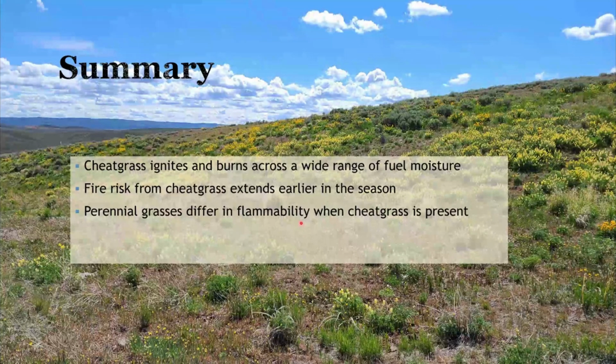So, when we get to about 10 grams of cheatgrass, it's hard to equate that exactly to foliar cover, but in our circumstance, that was about anywhere from 10 to 15% foliar cover on the ground. So not a whole lot of cheatgrass was required in order to ignite those perennials.